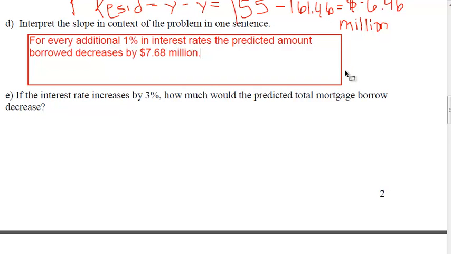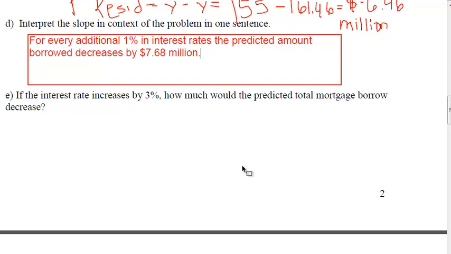Okay, so that's how you interpret the slope. It's always for every increase of 1 for your x-axis, y will either increase or decrease by the slope. Increase if the slope is positive, decrease if the slope is negative.